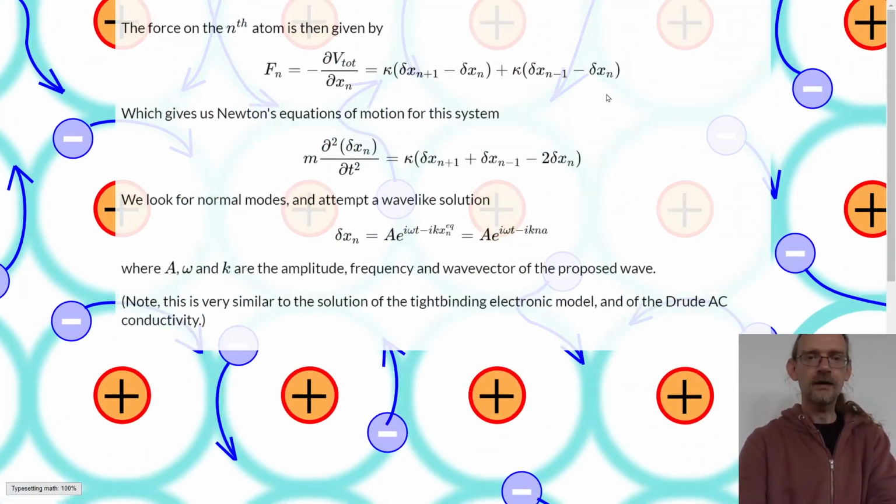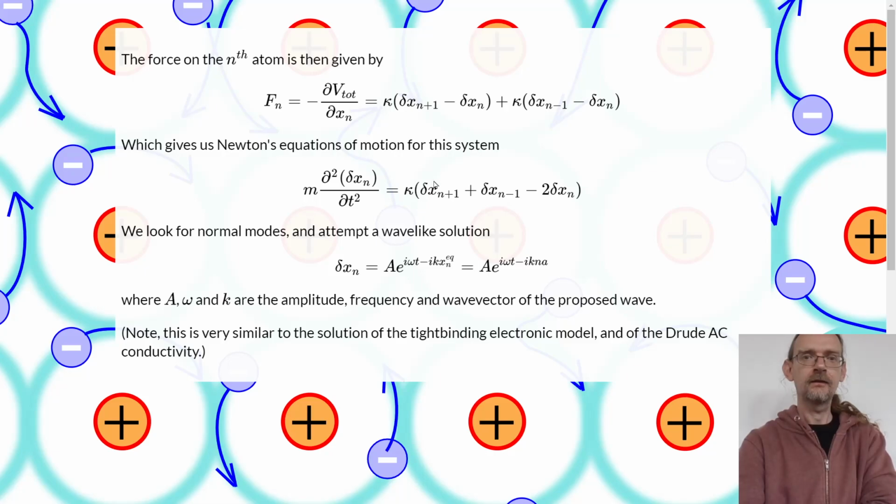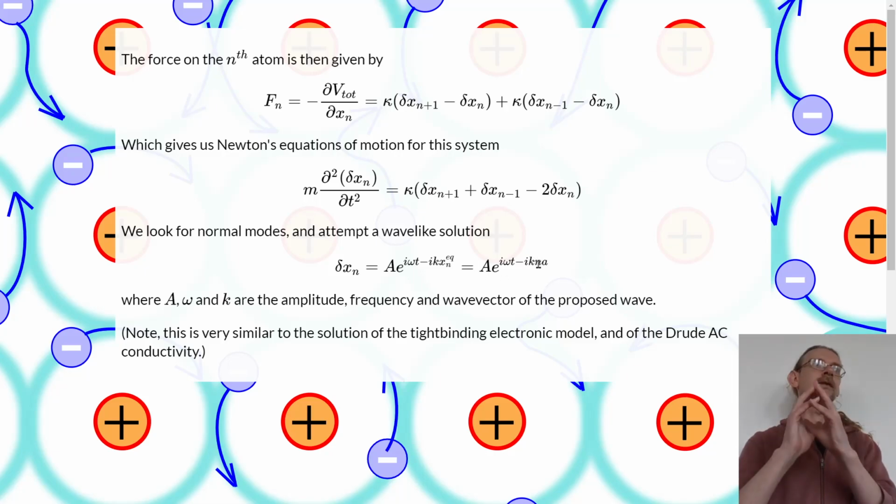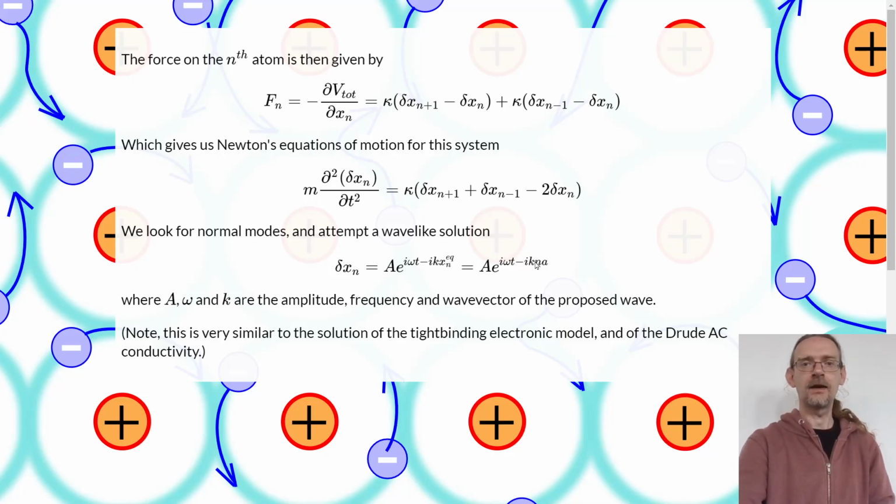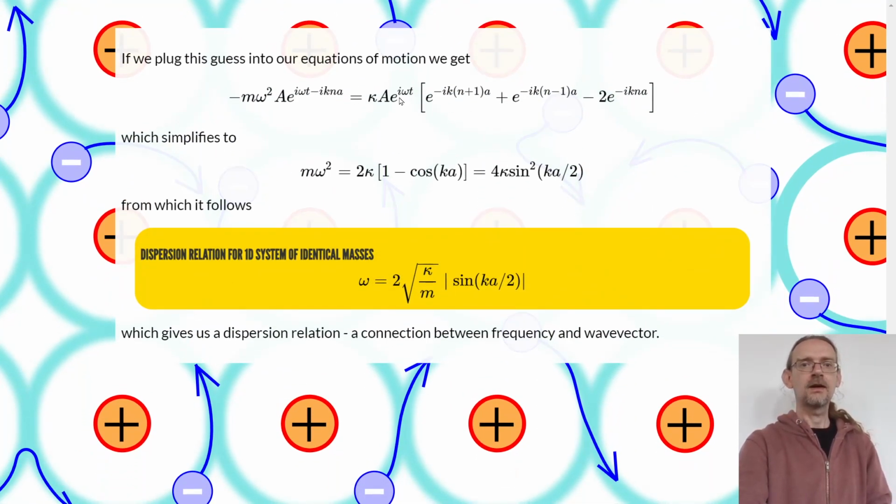So we're plugging in the delta xn for the different ones, and this na is the x position of the nth atom. So the n minus 1th atom, this should be an n minus 1. So once I plug it in, I get this original solution plus this stuff here.